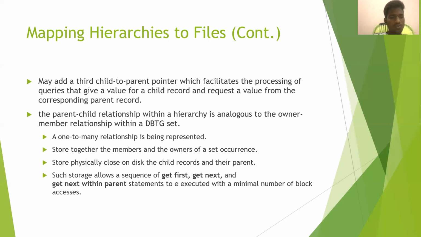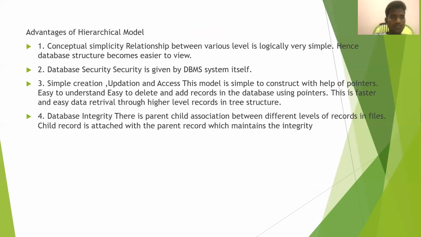A one-to-many relation is represented, stored together. The member and owner of a set occurrence are stored physically close, that is, the child records and the parent. Such storage allows the sequence of get first, get next, and get next within parent statements to execute with a minimal number of block accesses.